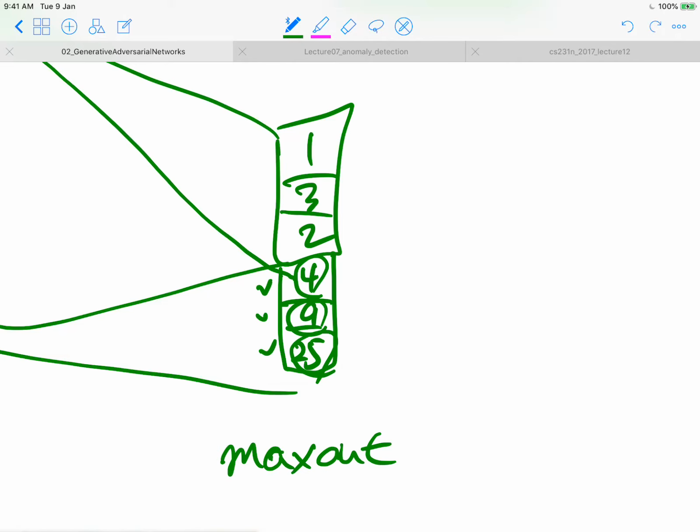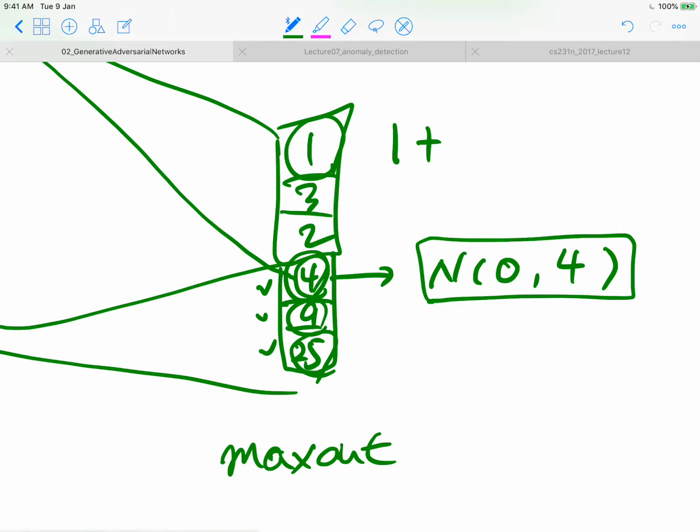So this is how it works. This one will be changed into this. This one indicates the amount of noise. In detail, we generate one single sample from here, with a mean of 0 and a variance of 4.